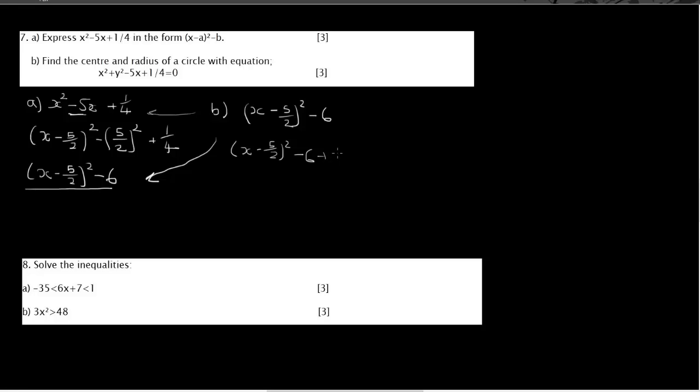So we've got (x minus 5 over 2) all squared minus 6 plus y squared equals 0. So we can see by inspection the centre is 5 over 2, and the radius is root 6.